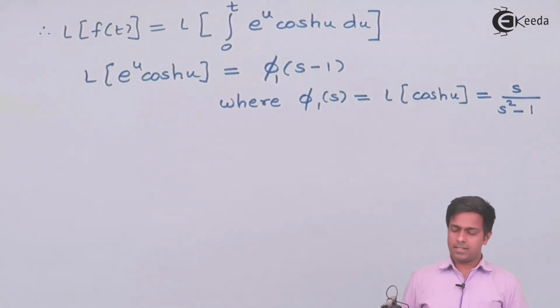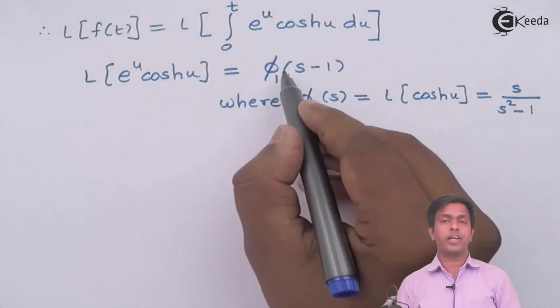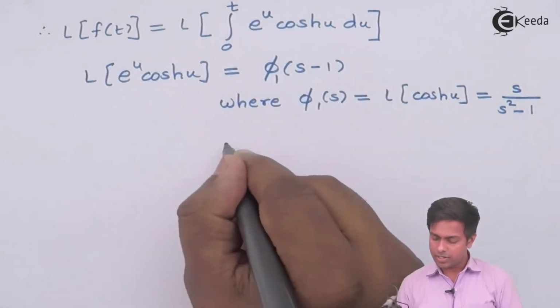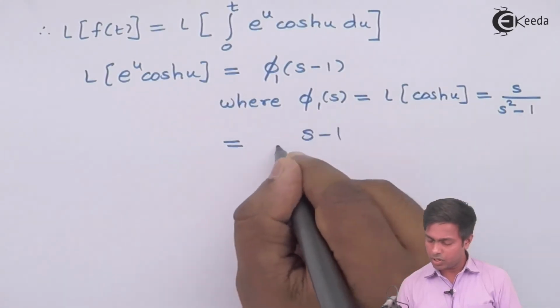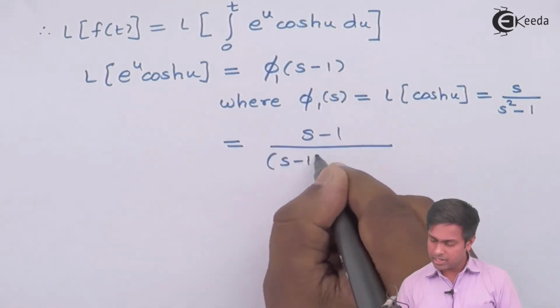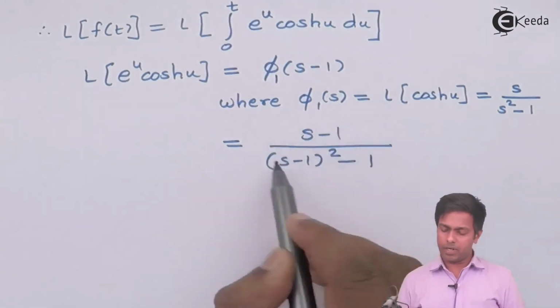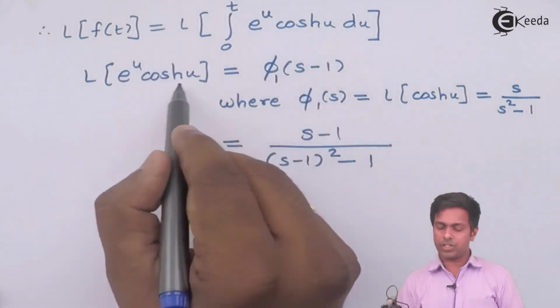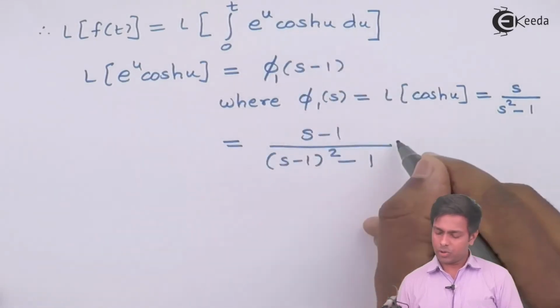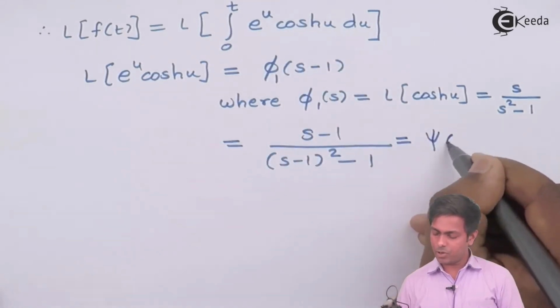So guys, from this phi 1 of s, I'll be finding phi 1 of s minus 1. So it is nothing but s minus 1 upon s minus 1 the whole square minus 1. And guys, this is nothing but the Laplace of this function, and I can call it, let's say, psi of s.